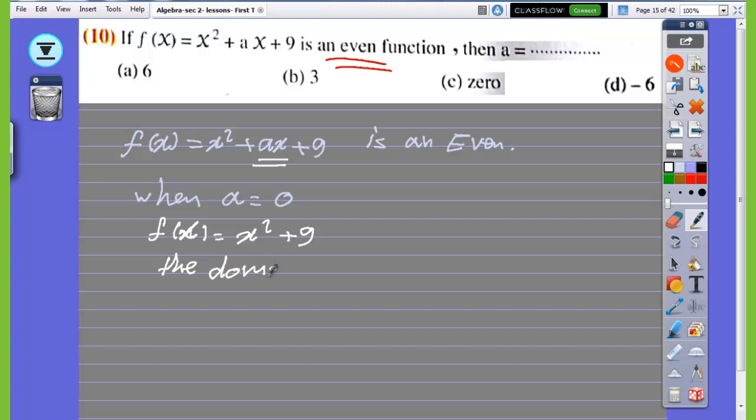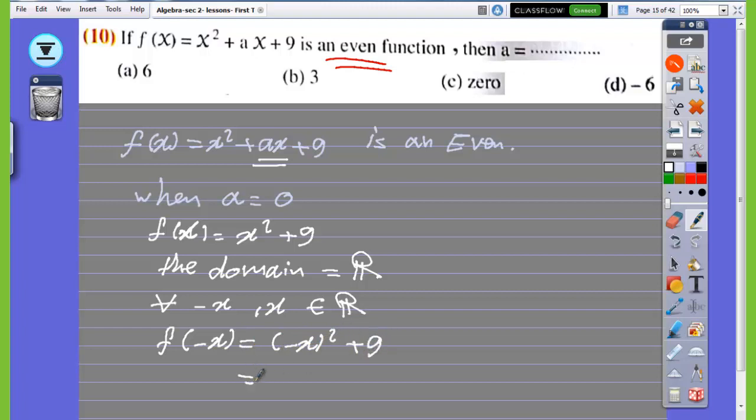The domain of f equals R, right? It means for every x that belongs to the domain, negative x also belongs to the domain, and we have f of negative x equals negative x squared plus 9, which equals x squared plus 9, which equals f of x itself, right?